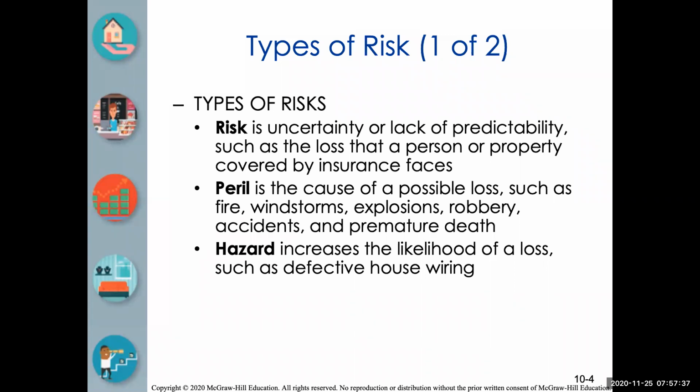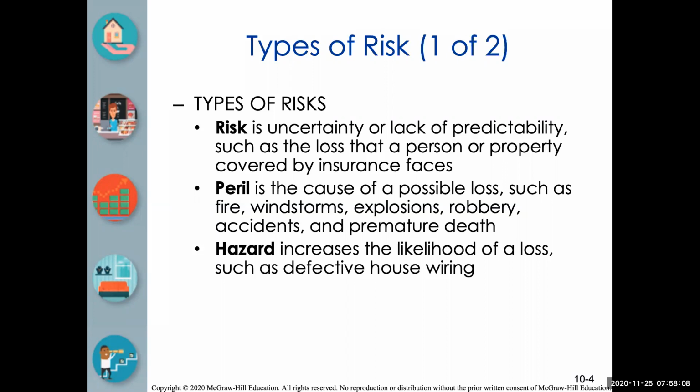And we have what are called perils. A peril is the cause of the possible loss. So the tornado, the fire, the windstorm, the hurricane, premature death, that is a peril. And then we have what's called a hazard. A hazard is something that increases the likelihood of a loss.